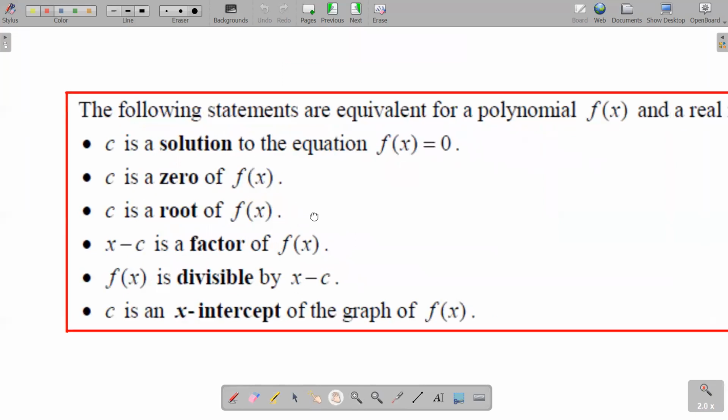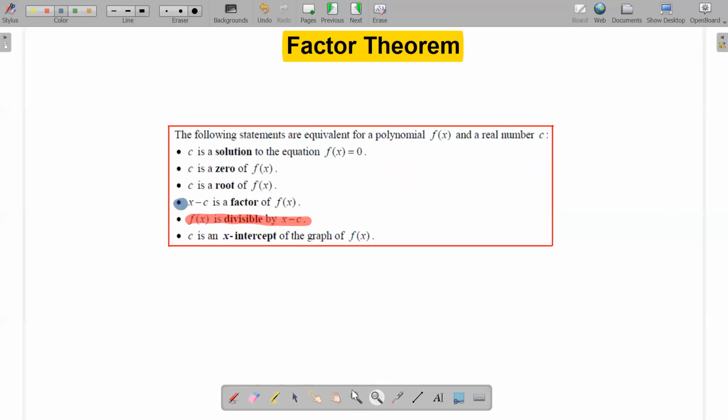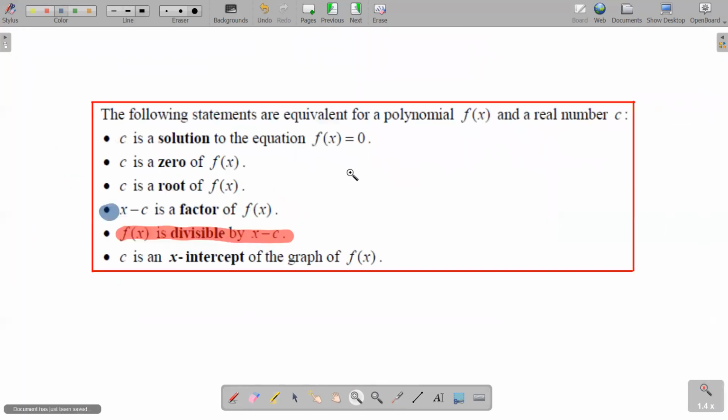What are those statements? Well, we just went over one. Whenever the question says f of x is divisible by x minus c, we can just use the factor theorem, assuming that that binomial will give us, as a result of the function, equal to 0. They can also say x minus c is a factor. That's clearly a statement of the factor theorem.